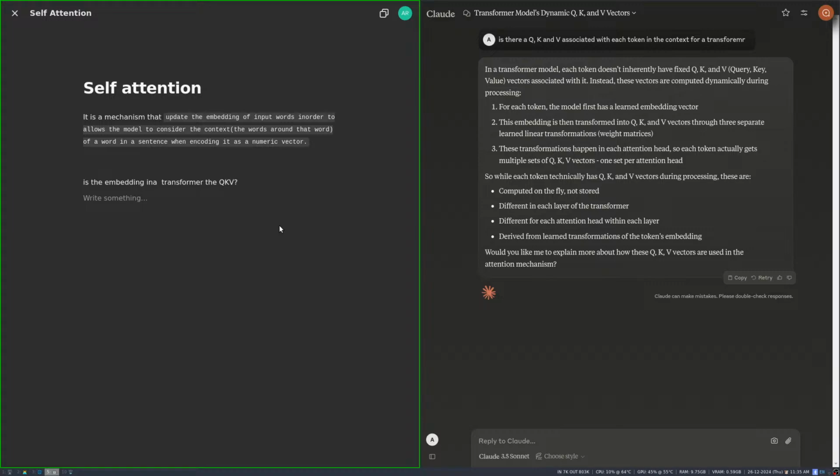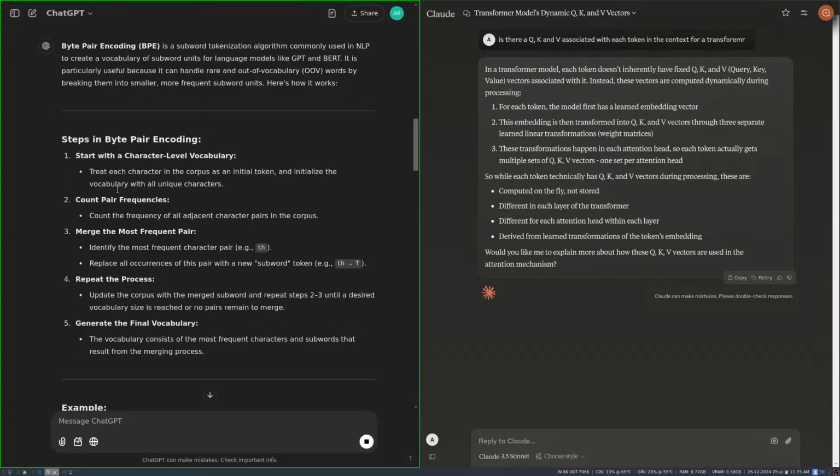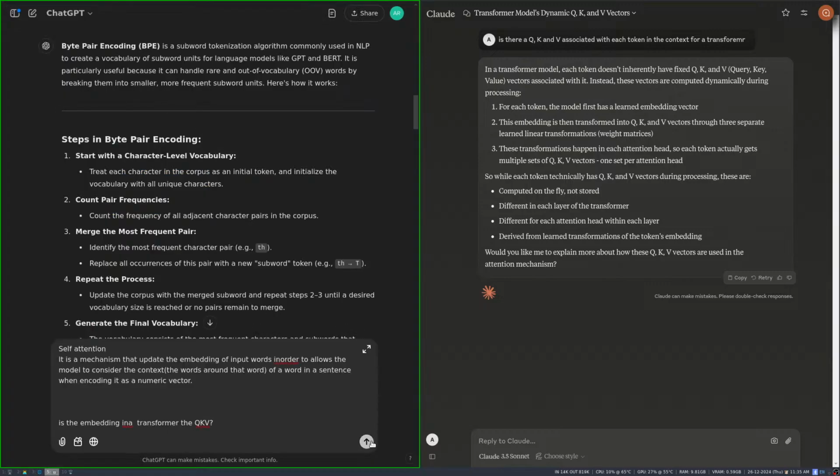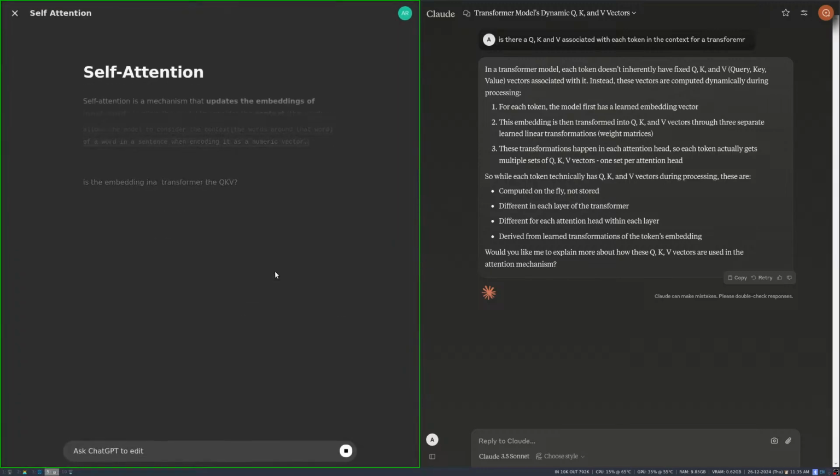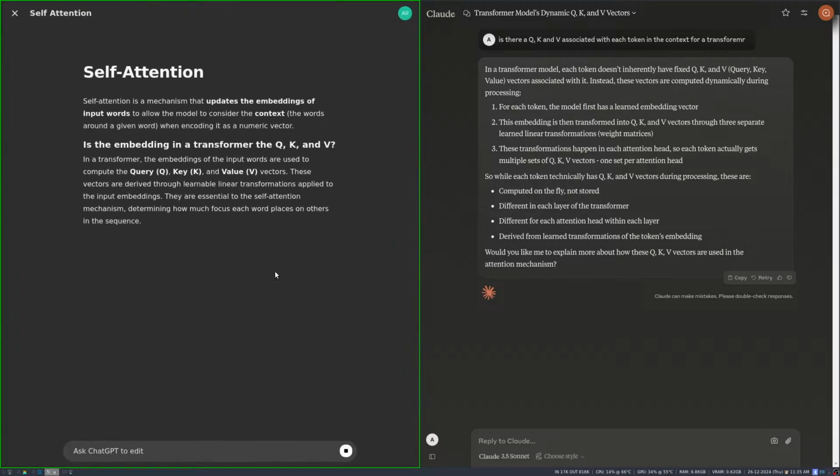Yes, sure. Go search. The transformer, the embedding.